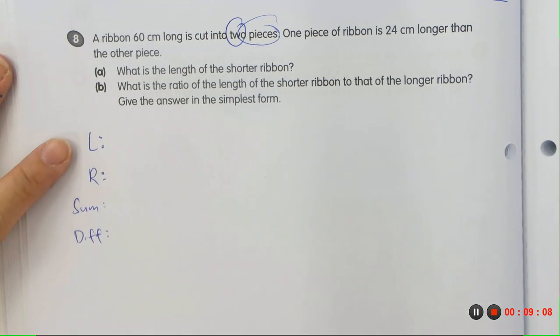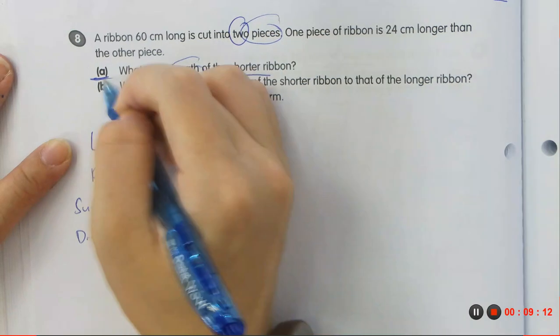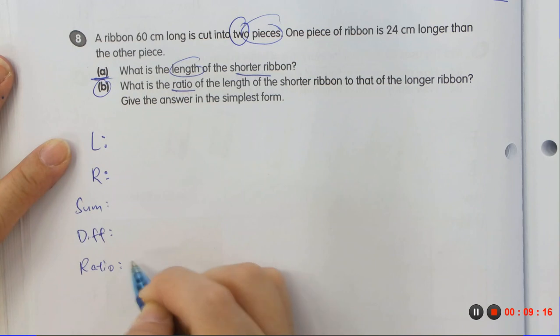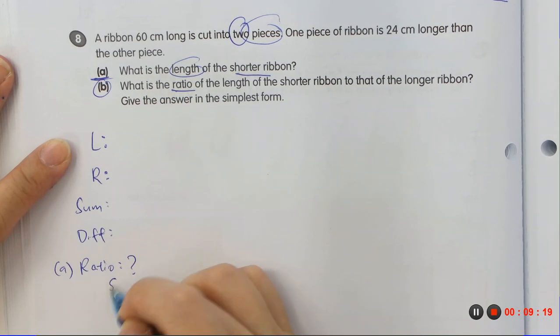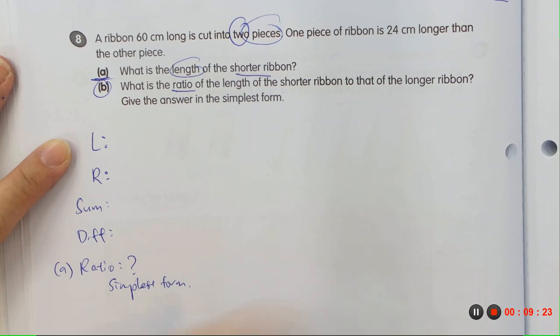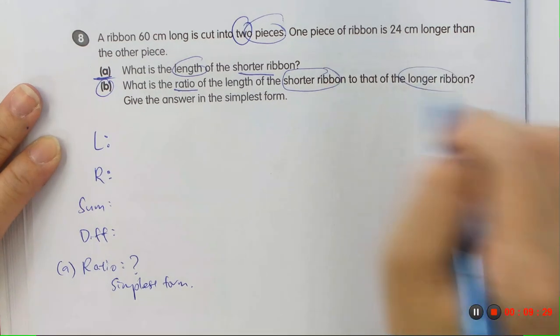Here part A asks for the shorter ribbon, part B asks for ratio. So ratio is a question mark. This is part B, and it's required in the simplest form. The ratio required is shorter to longer. So short is to long.